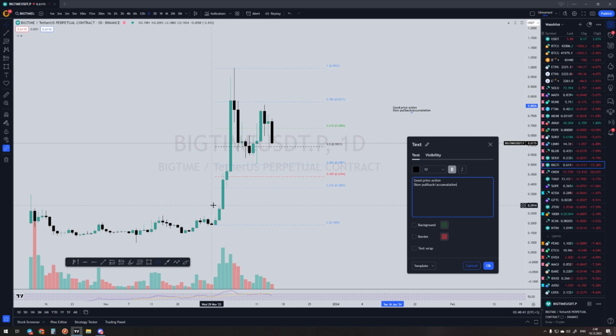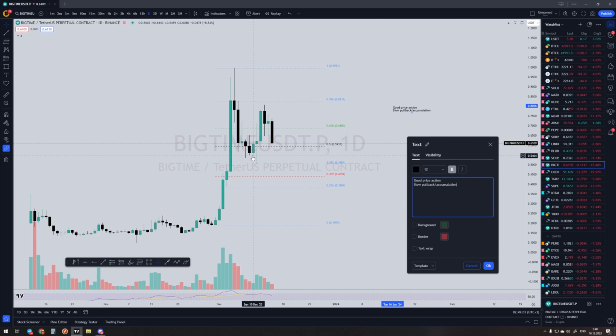In this case we've been going up 1, 2, 3, 4, 5 bars, and look how slowly we're going down. We're going down already almost 11 bars, right? So in this case it's okay.